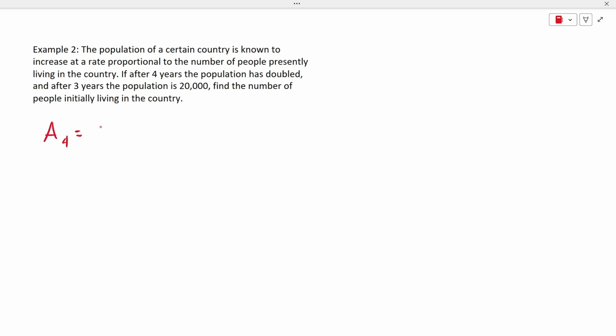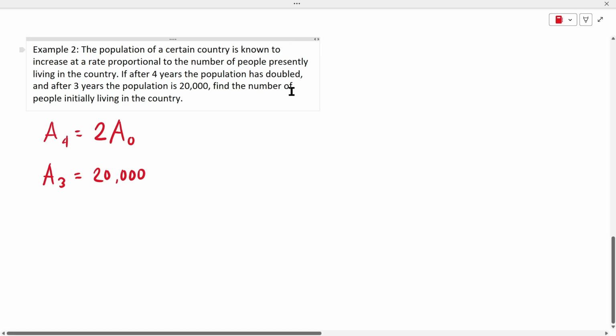This means that the initial population is doubled, so 2 times A sub 0. And then after 3 years, that will be A sub 3, the population is equal to 20,000.